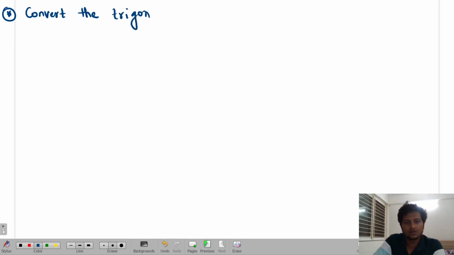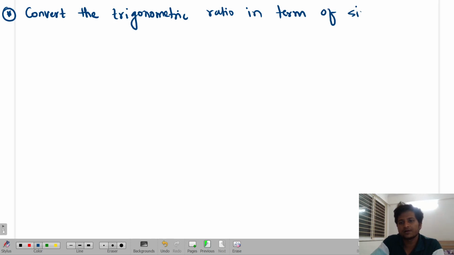The first rule to find the superposition in a correct way is to convert all the trigonometric ratios in terms of sine. In terms of क्या चीज के रिस्पेक्ट में कन्वर्ट करना है बेटा? Sine.